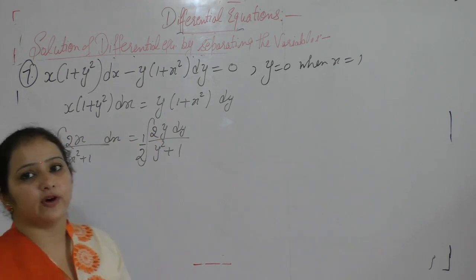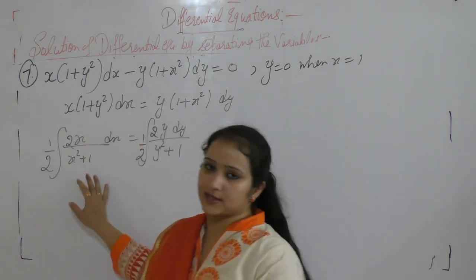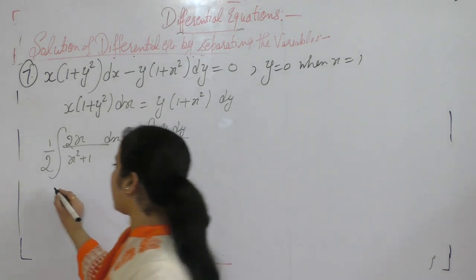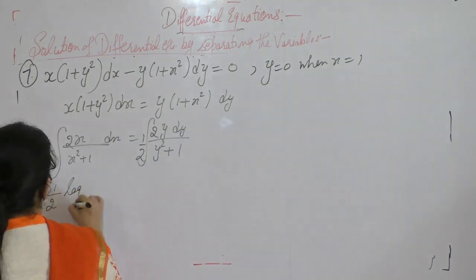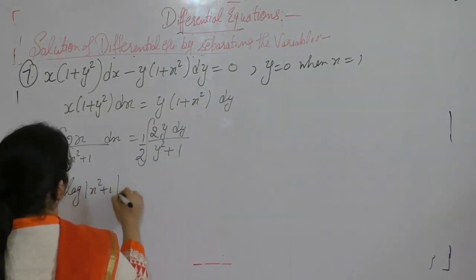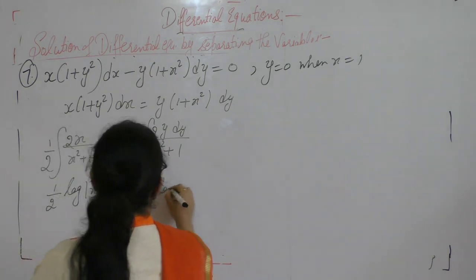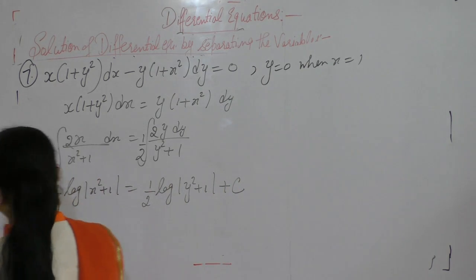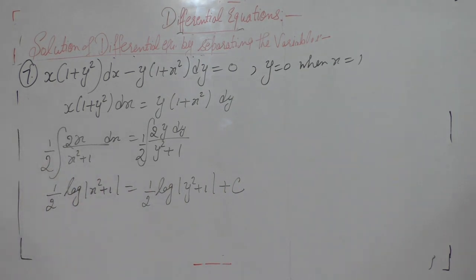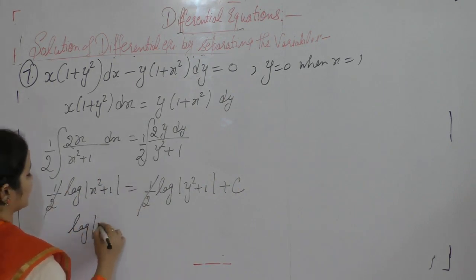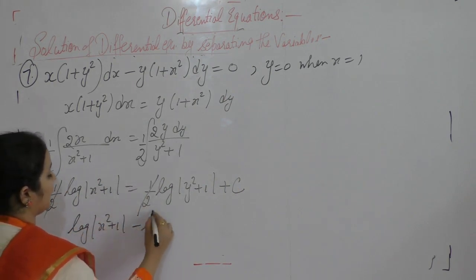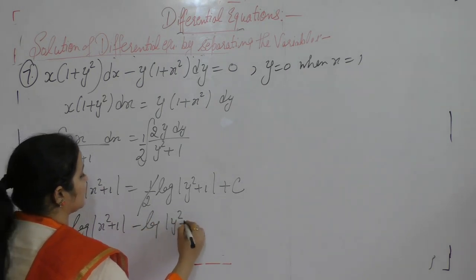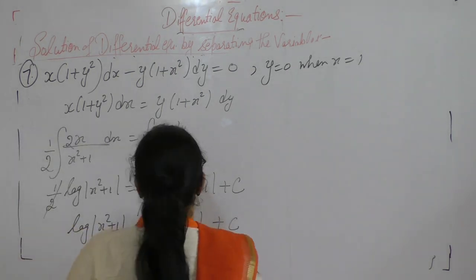Now we have the formula, integral of f dash x upon f of x is log of f x. 1 by 2 log of x square plus 1 is equal to 1 by 2 log of y square plus 1 plus c. 1 by 2 will be cancelled from both sides. Log of x square plus 1 is equal to log of y square plus 1 plus c.